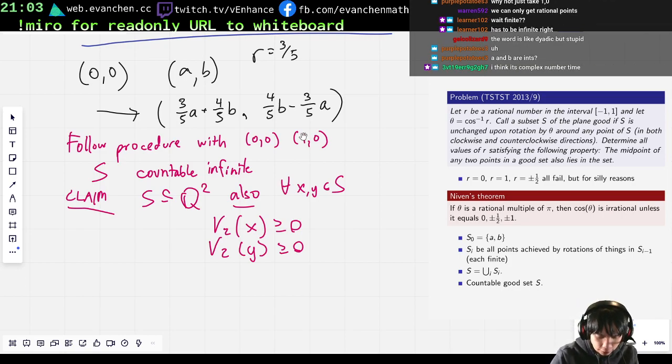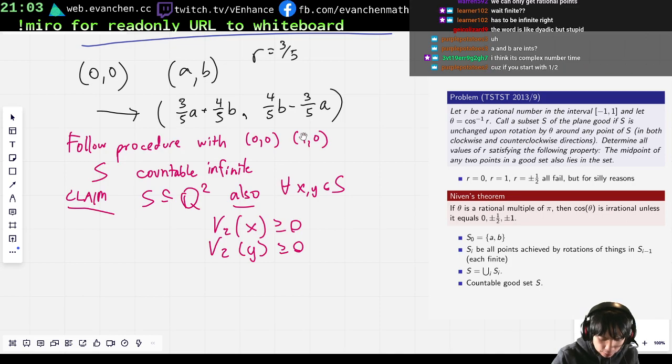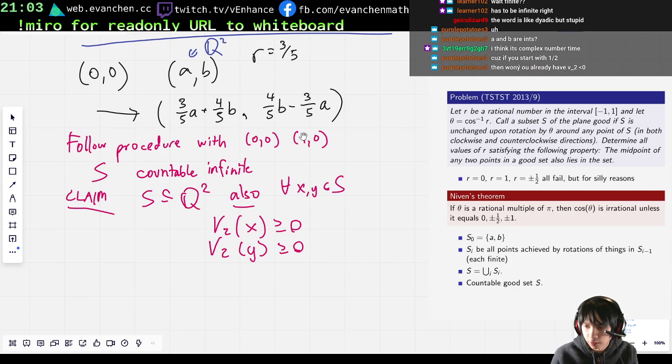So the point is, by induction at every step, I'm getting the new points by applying some matrix, so I'll get some rational things. A and B are ints? No. So I initially have (0, 0) and (1, 0), alright? So I just have those two points, and then I start doing the operation and generating more things.